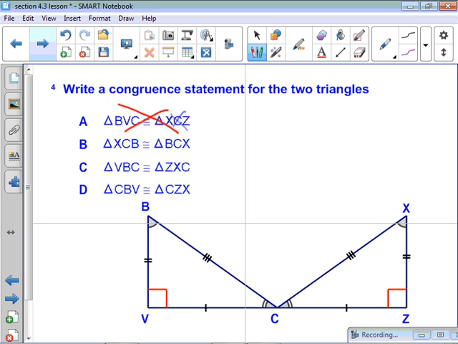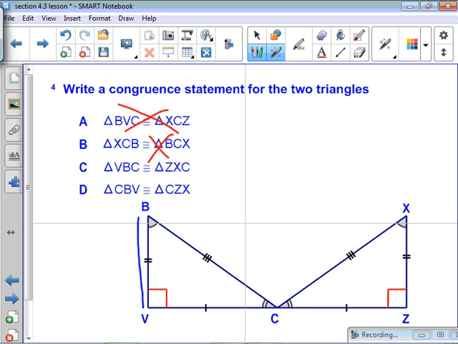Let's try again. We have XCB. Well, that's wrong right away, because that's not even a triangle. So we don't even have to do any work there. Okay, the next one, VBC.